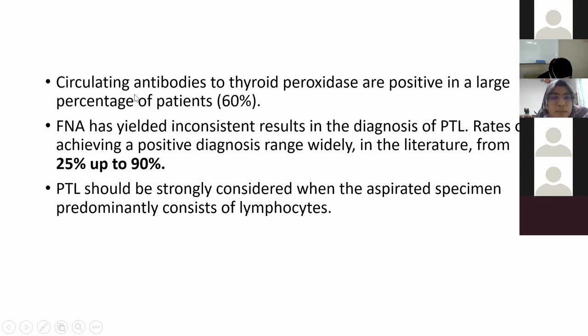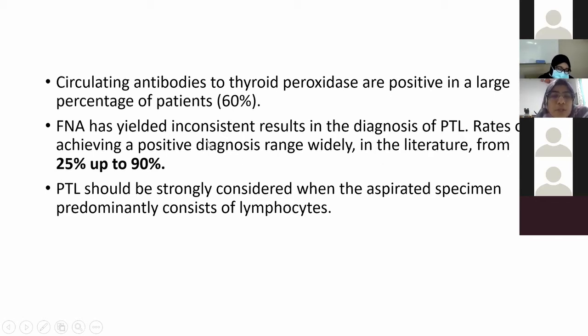Usually circulating antibodies to thyroid peroxidase are positive in about 60% of patients. However, in our patient, there was no documented thyroid peroxidase taken. It has been reported that FNAC shows inconsistent results in the diagnosis of primary thyroid lymphoma.